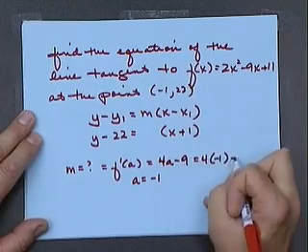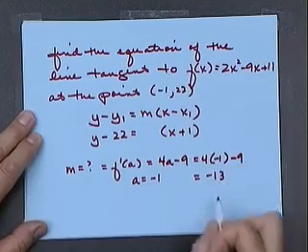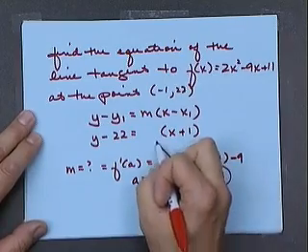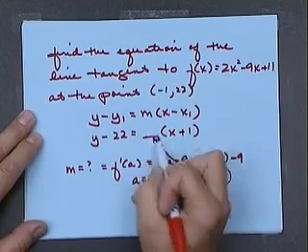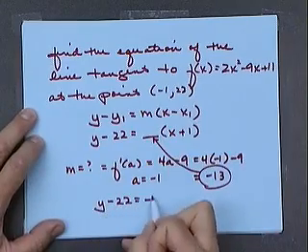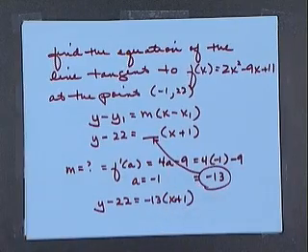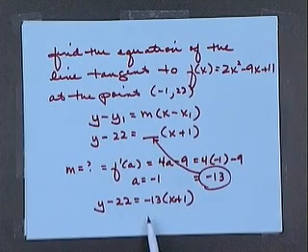For -1, that's minus 4 minus 9, -13. Which goes right there. So y minus 22 equals -13, x plus 1. If that is the question on a test, you can stop at that point, because I know that you know what you're doing.